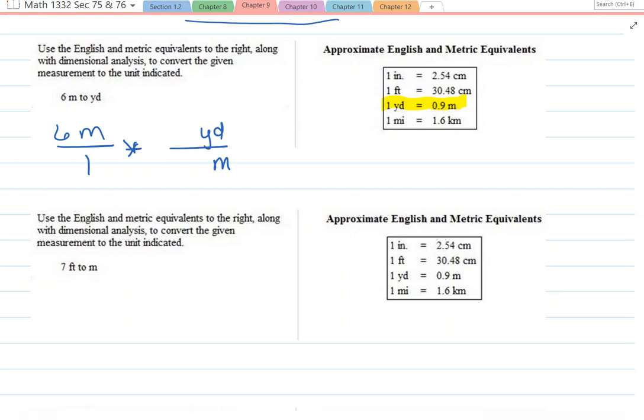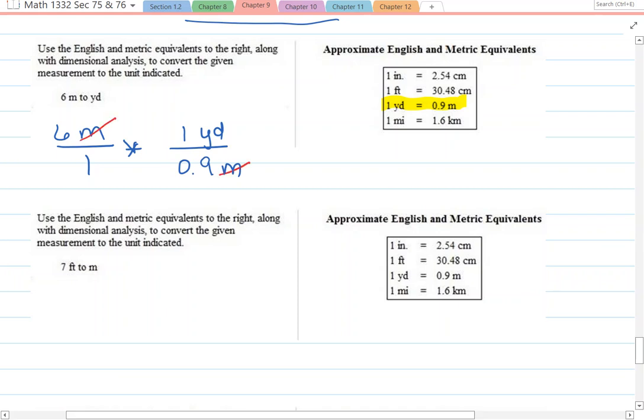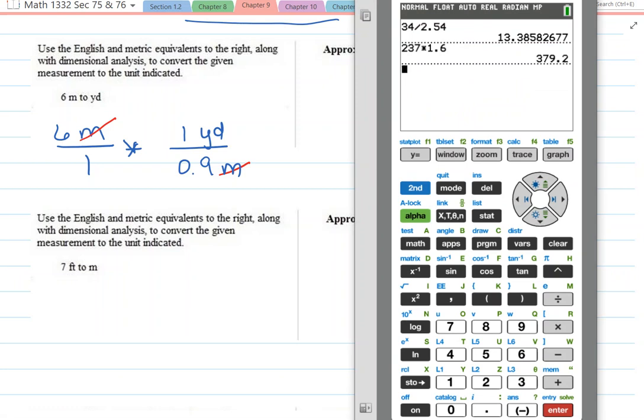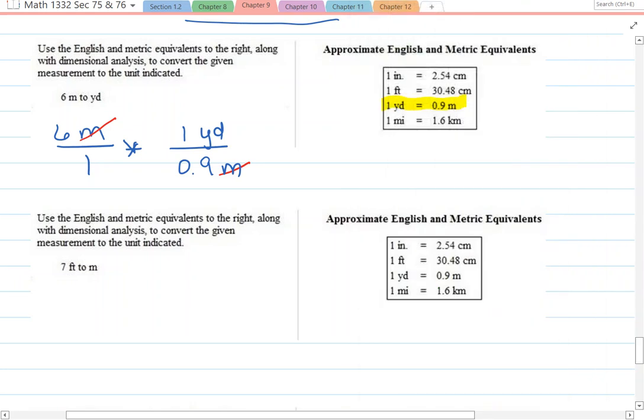Okay, so let's put in our values like we want. 1 yard is 9/10. I'm sorry, I can't read. Sorry about that. We're going to verify we can cancel and that I have it written correctly. Yes, I do. And so now we're going to use our calculator. So I'm going to have a 6 divided by decimal 9, and I get that horrible number.